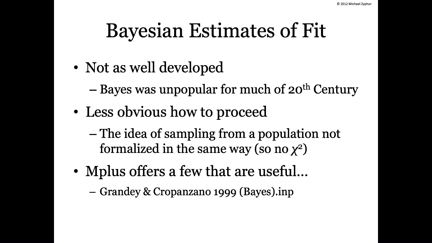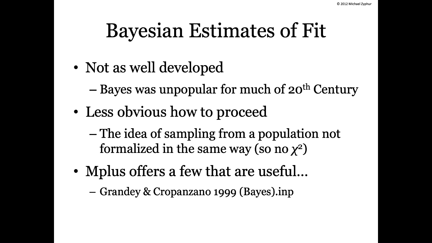Okay, well, what about if you use a Bayes estimator? If you don't ever do this, then you don't care about this. But if you want to try it out, and we're going to use a Bayes estimator for a couple of different things, you should at least know a little bit about some of the indices of fit that we're getting. They're not as well developed here because almost everything is frequentist, and we're certainly not going to solve that in 5 minutes.